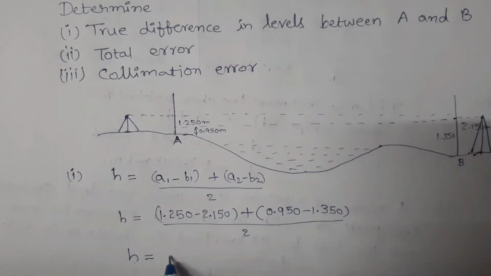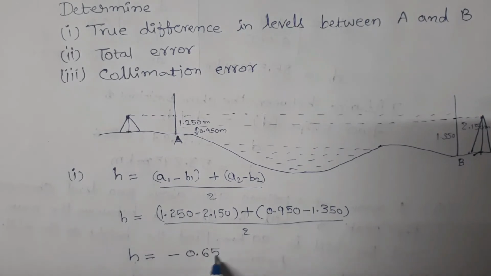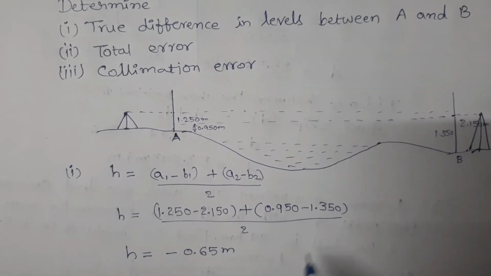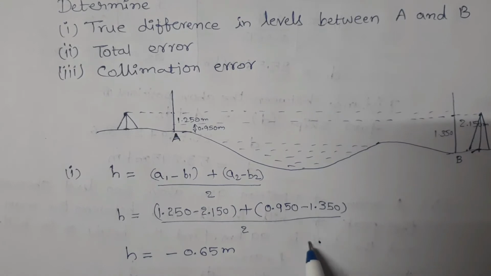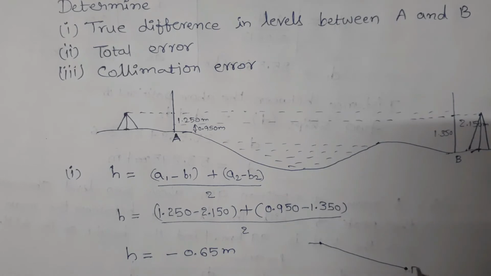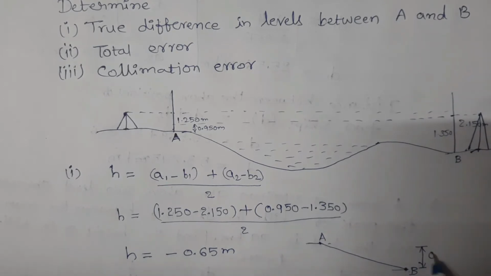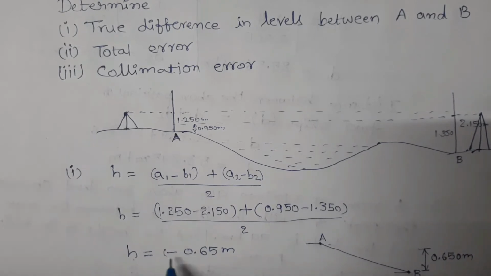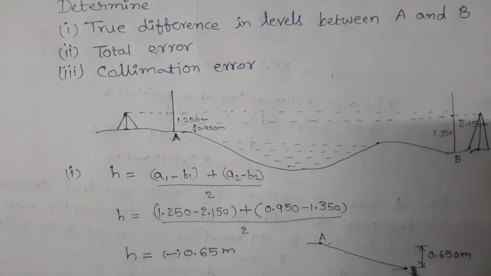H is equal to minus 0.65 meters, which means A is at this RL, B is here. The difference between these two points is 0.650 meters. The minus value indicates there is a fall from A to B.